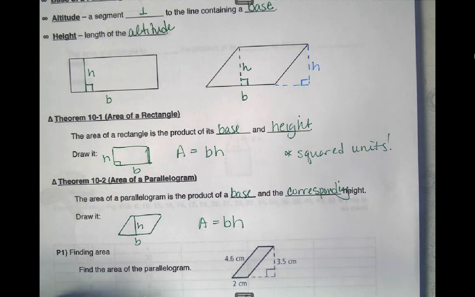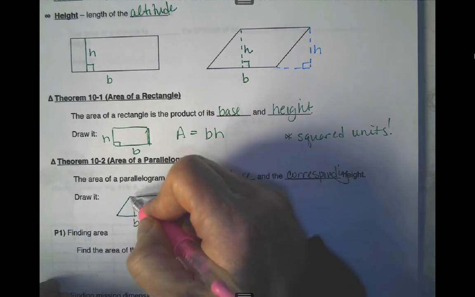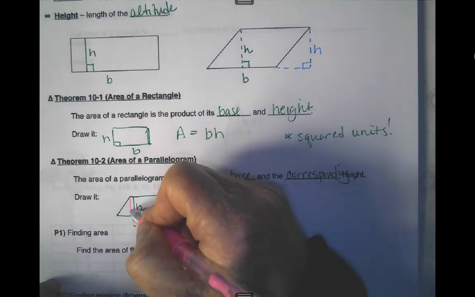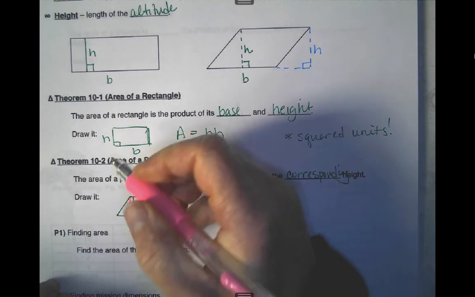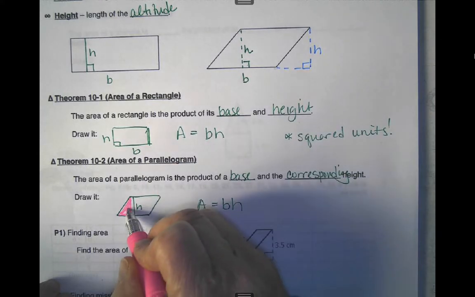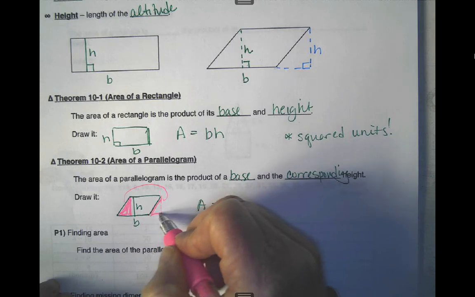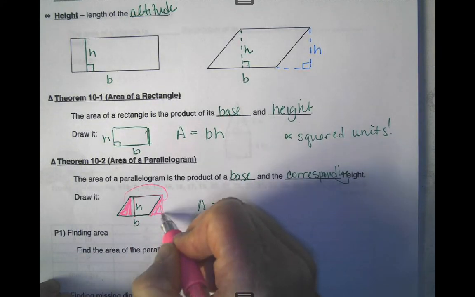Now, if you think about it, pretend, you don't need to do this to your paper, just look at my paper. Let's say I draw this straight up and down line right here. So this piece right here is a triangle, right? And let's say I took that triangle and I put it over here. Now, what shape do I have there?